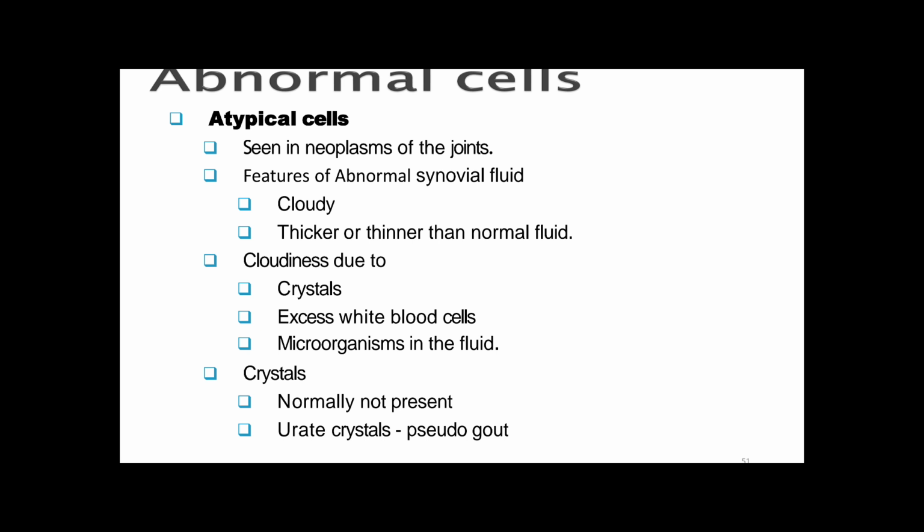If the joint is affected by inflammation, we already discussed the different types of cells we can see, but to identify a neoplasm we see different cells, right? So you have to be clear about that. Atypical cells are mainly seen in neoplasm of the joints, right?